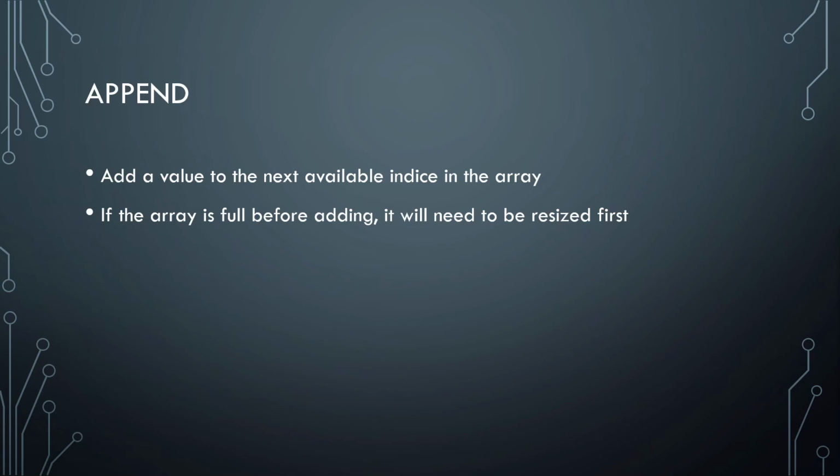If the array is already full before adding, then it will need to be resized first, and we can do that by calling reserve. So after we do this check, we can then either add it in because we have room available, or we resize first and then add it in. And we'll take a look at that in the diagramming as well.